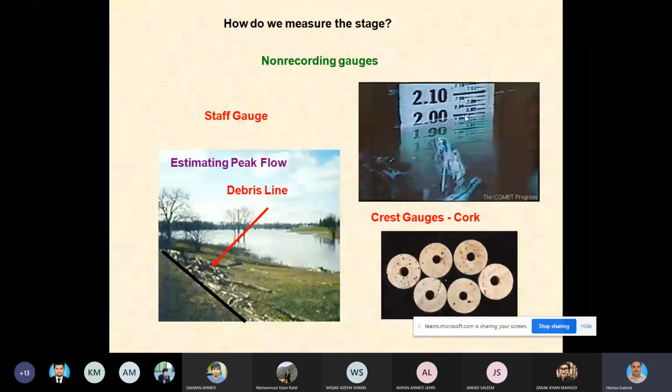जिनको हमने कहा था क्रेस्ट गेजेस, जिनमें आपको याद है कि कॉर्क, तो मटेरियल जो है वो ग्रेनुलेटेड कॉर्क, पीसेस ऑफ कॉर्क यूज़ होते हैं, और वो लिफ्ट होते हैं वाटर के साथ, and when water level goes down, those pieces of cork, they stick to the gauge, and you can know what was the highest water level.